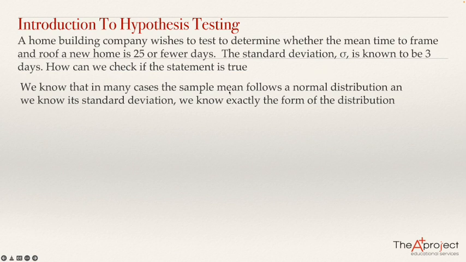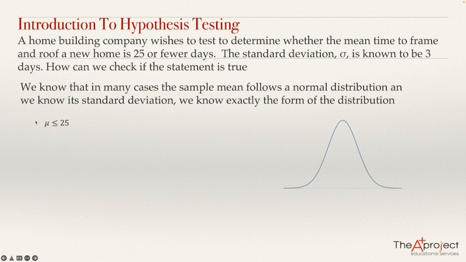So there will be some times when we know that the mean follows a normal distribution. And in this case, we also know the standard deviation of this distribution. So we know exactly the form of the distribution. We know that the distribution will be something like this.